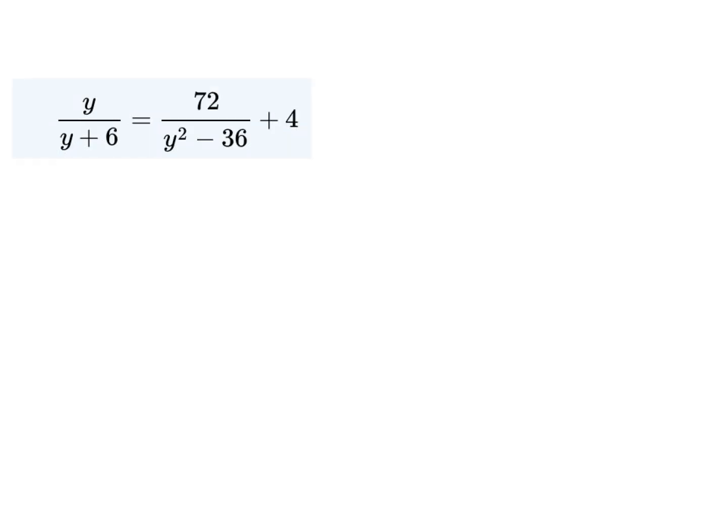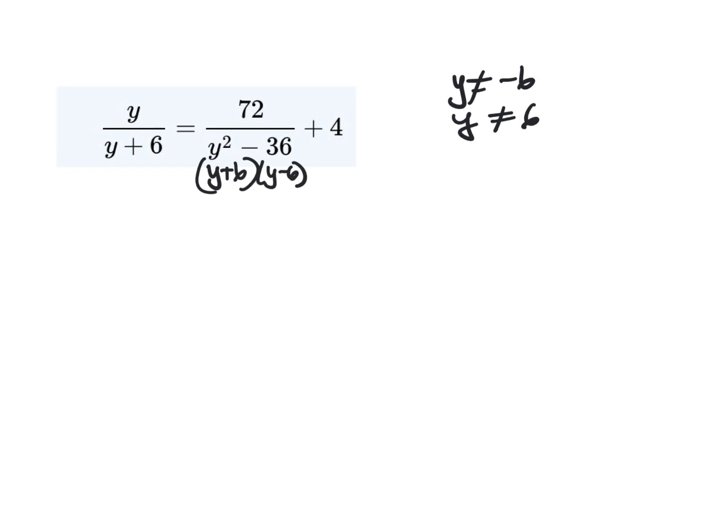Alright, so now we should be getting pretty good at saying what our restriction is going to be. So we're going to look here and say that y cannot equal -6. And if we look at this, we know this is a y plus 6, y minus 6, so also y cannot equal 6.